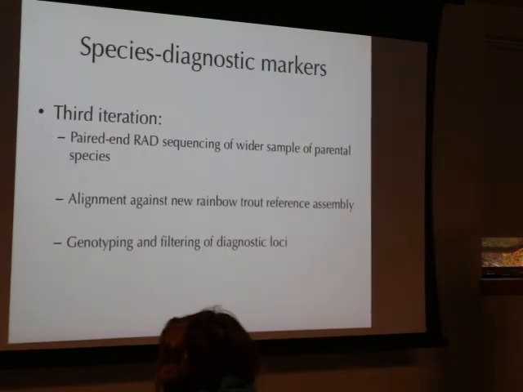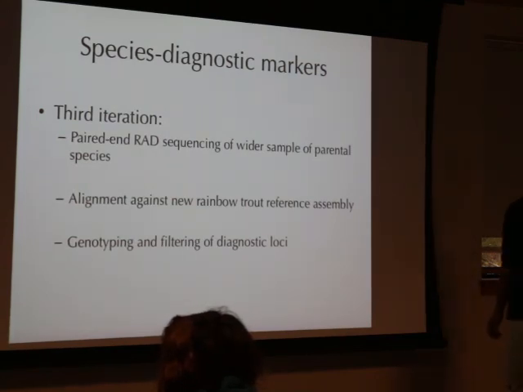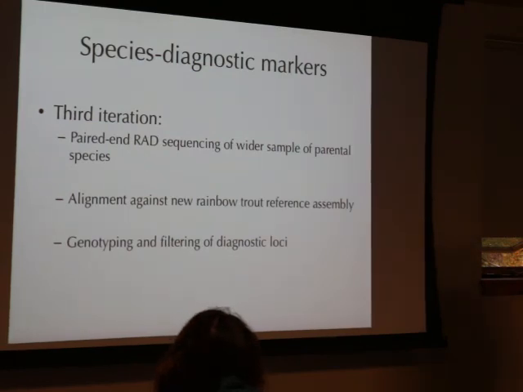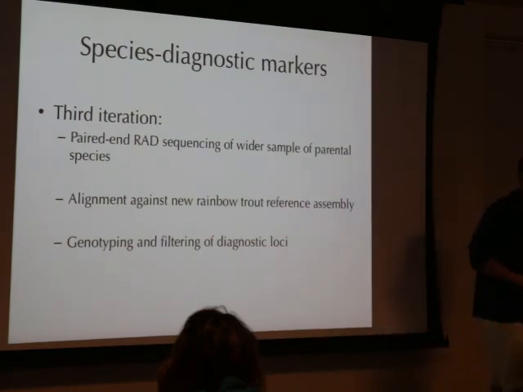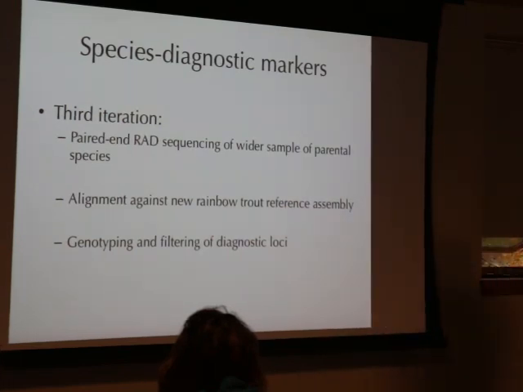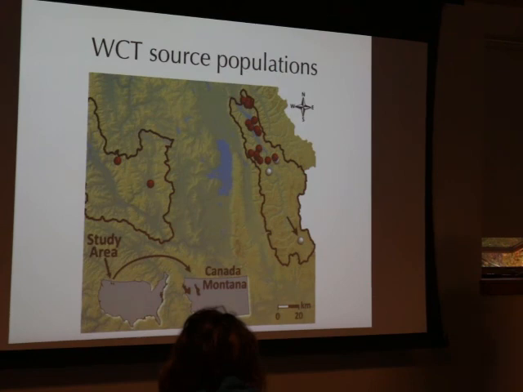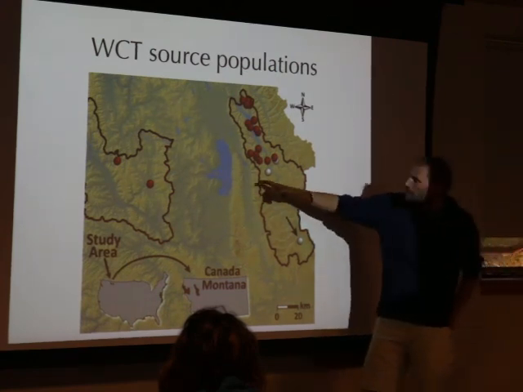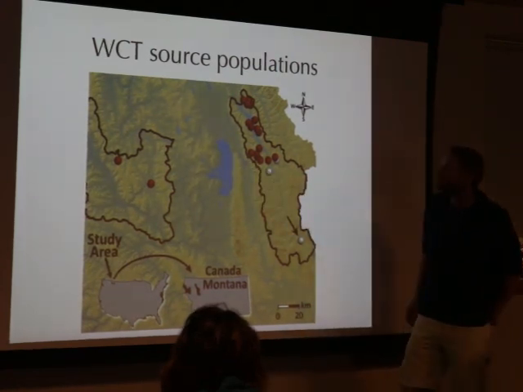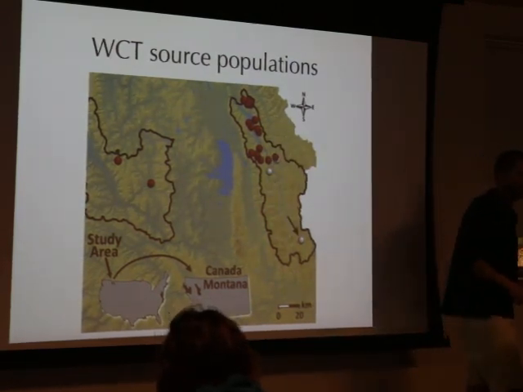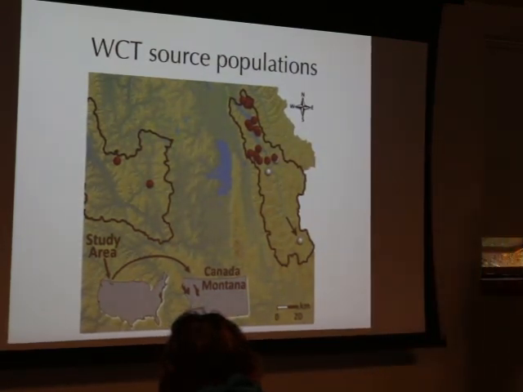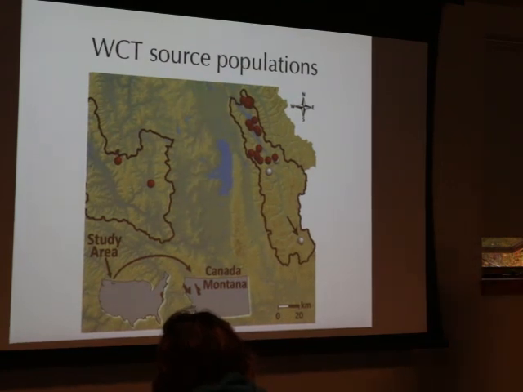And then we wanted to make the set of diagnostic markers even better. So we did, again, paired-end sequencing of a new sample. And this time we had a newly published rainbow trout reference genome that we used to align against. Here is where the putatively pure westslope cutthroat trout samples came from.